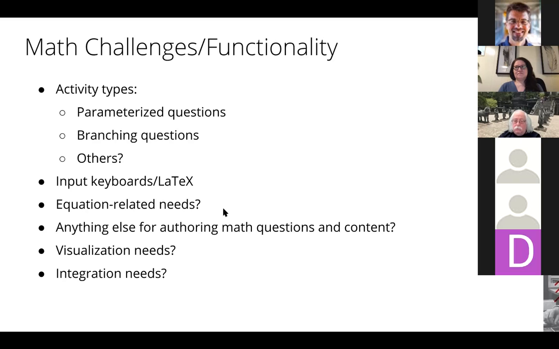So maybe the first time they take it, they get feedback that just helps them get to the correct answer without giving them a full solution. But at some point, you may want to give them a full solution, maybe after it's already past due or whatever. And I believe they're going to be working on a capability to be able to do that.